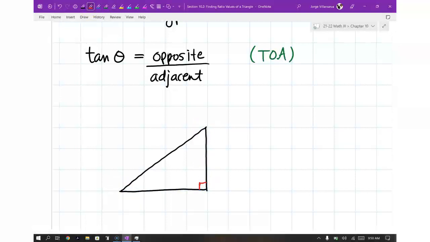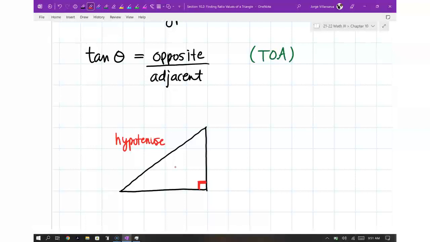The reason I know there has to be a 90-degree angle is because they mention hypotenuse, and the hypotenuse requires a 90-degree angle. This is the hypotenuse. Notice how it's opposite the 90-degree angle. It's on the other side of it.